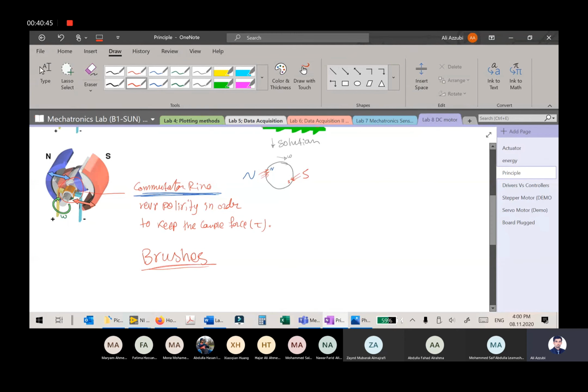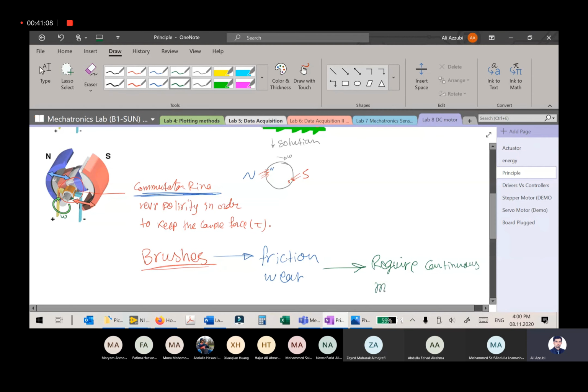Now these brushes, we know why they are there, but they have a problem because they have friction, and consequently they have wear. This means motors require continuous maintenance.